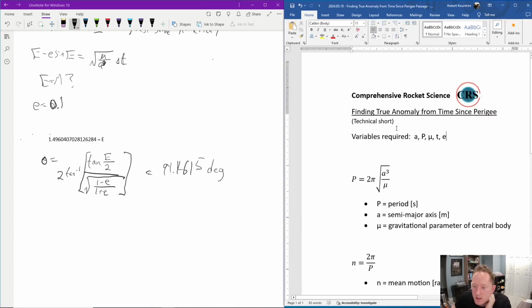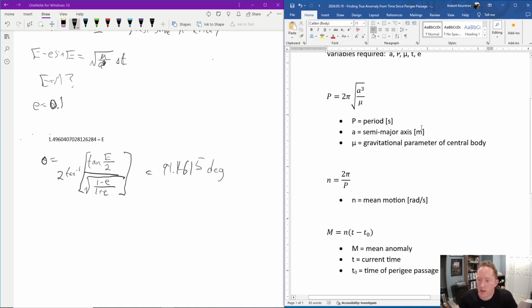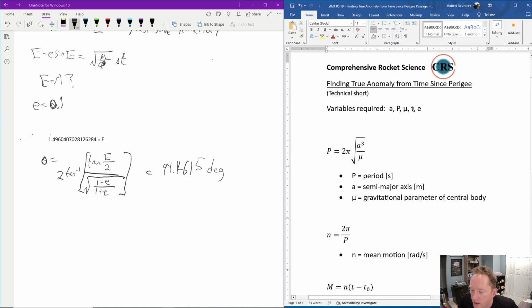Just to recap, what did we need for this? We needed our semimajor axis, the period, obviously the gravitational parameter of our central body, the time since perigee passage, and the eccentricity. But really, A, P, E, and mu, you're going to have all those if you know your orbit.